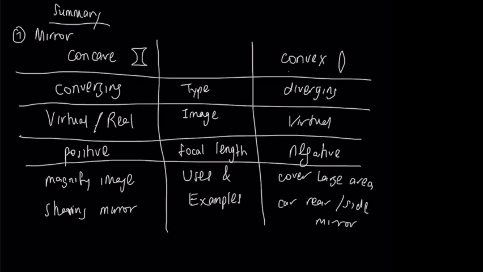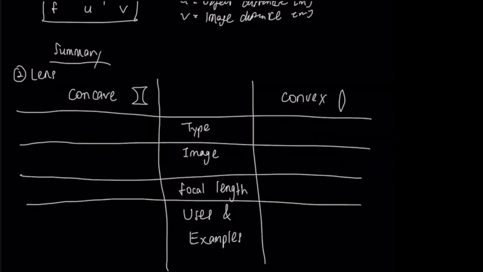Okay, now let's move on to the lens. For lenses, a concave lens and a convex lens are basically the opposite of the mirror. So just now, the concave mirror was converging, so now it's diverging. And the convex is now converging.